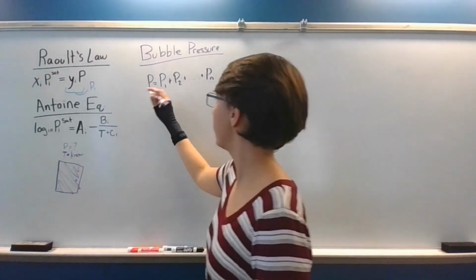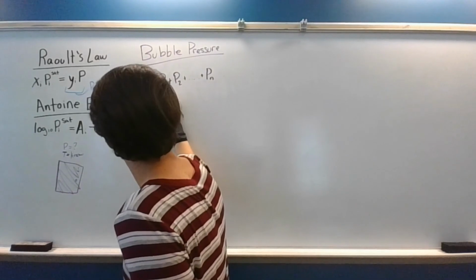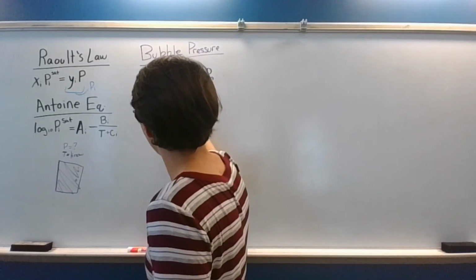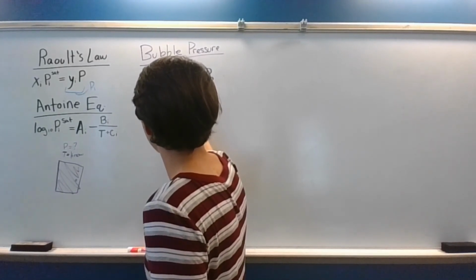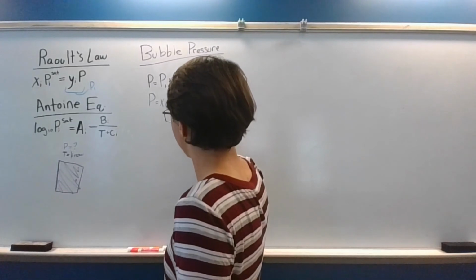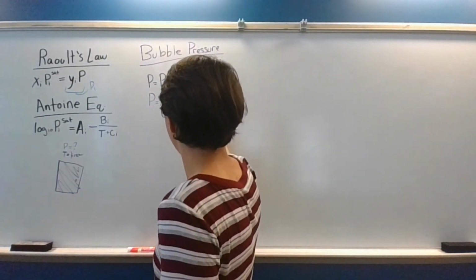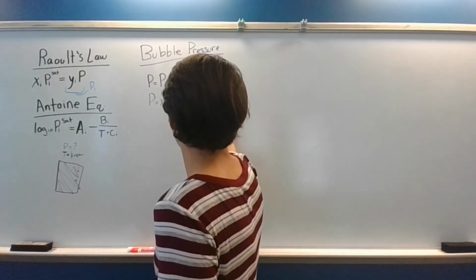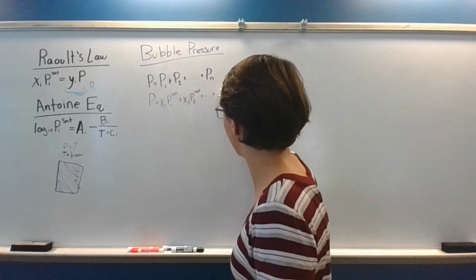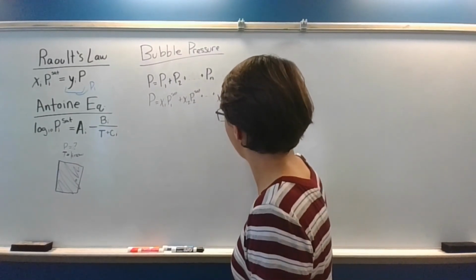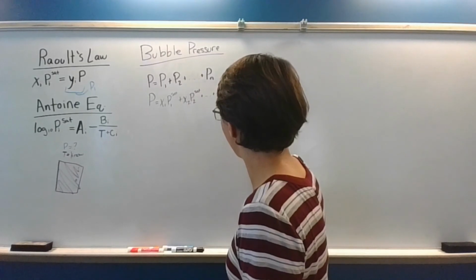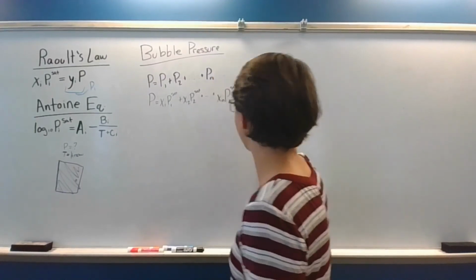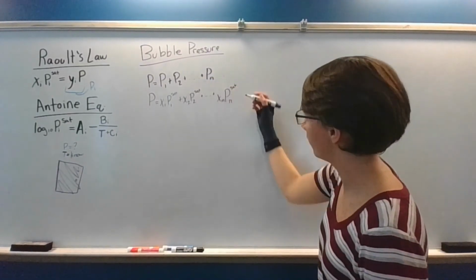So that means that the pressure is going to be equal to the mole fraction of component 1 times the pure component vapor pressure for component 1, plus the mole fraction of component 2 times the pure component vapor pressure of component 2, all the way up until the mole fraction of component N times the pure component vapor pressure of component N. Just like that.